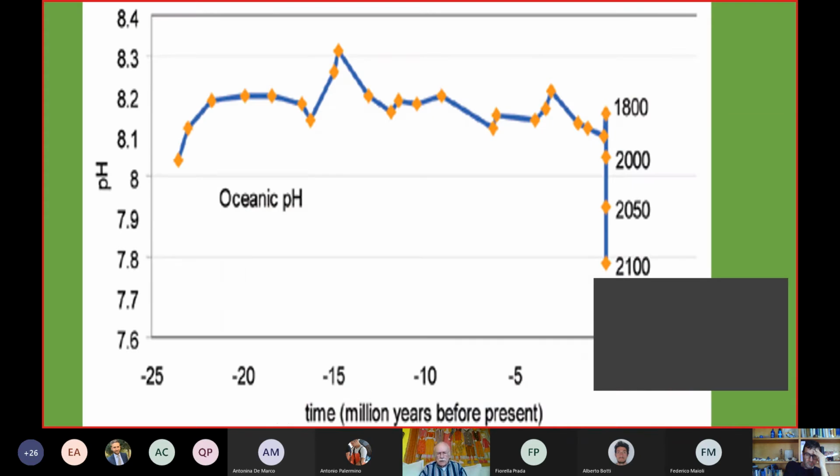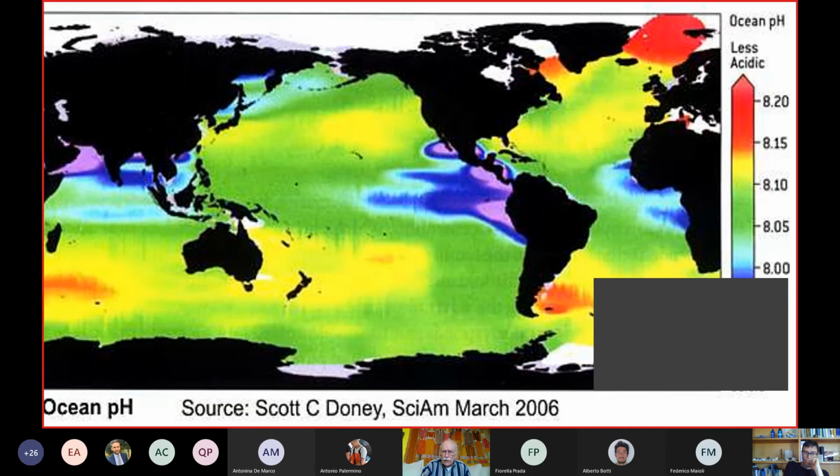And you can see that for 25 million years, the pH of ocean was more or less constant, and then it dips very, very fast during the current industrial revolution.